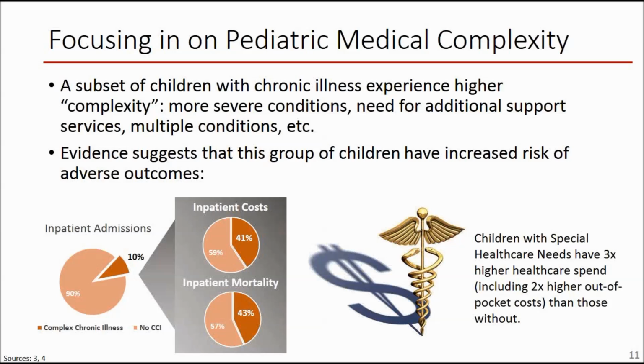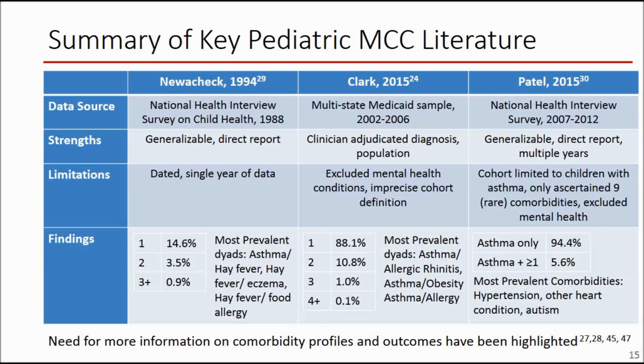The figure on the right is very similar to what you see in Medicare populations, where a very small percentage of inpatient admissions makes up a disproportionately high percentage of the inpatient costs and inpatient mortality. And children with special healthcare needs, which is one of these definitions of pediatric complexity, have been shown to have 3 times higher healthcare spending, including 2 times higher out-of-pocket costs than those without special healthcare needs. So there is this impact on outcomes and utilization.